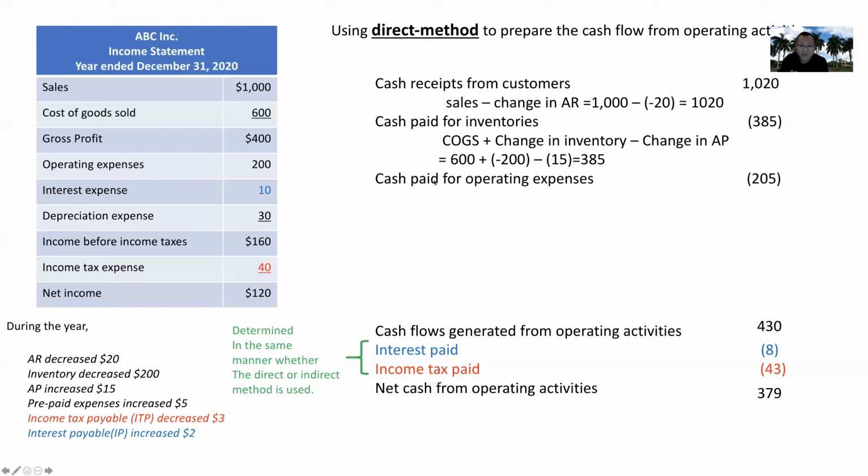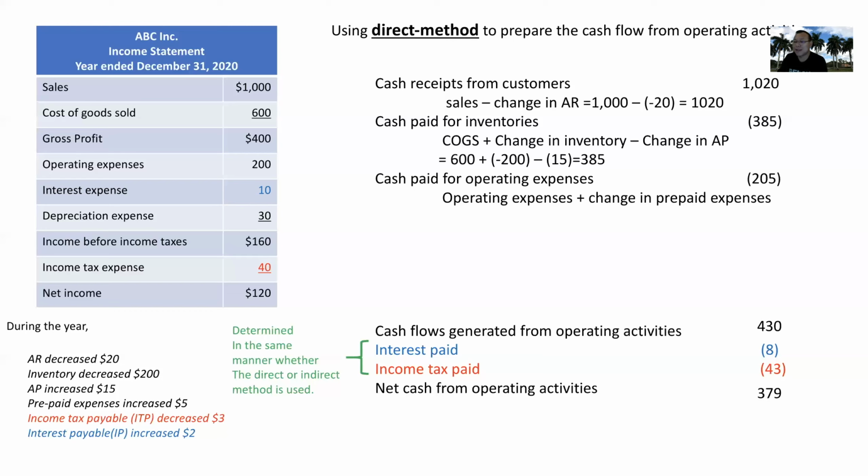Now, cash paid for operating expenses, 205. Why is that the number? You have operating expenses plus change in prepaid expenses. Operating expenses are the expenses incurred during this reporting period. The prepaid expenses is what you have prepaid.